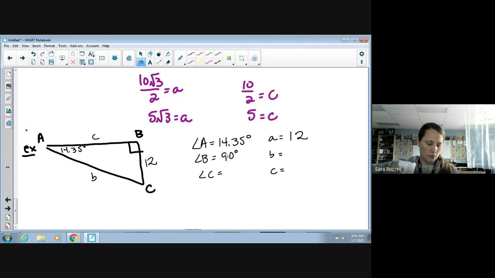Angle C, we do 90 minus 14.35, because those two angles add up to 90. You could subtract it all from 180 if you wanted to. So we just found that C is 75.65 degrees. Subtract 180 minus this and this to get that. They all add up to that.